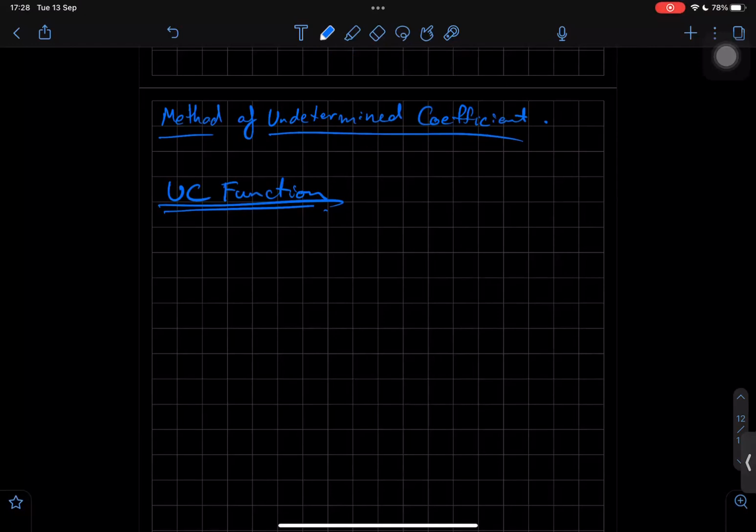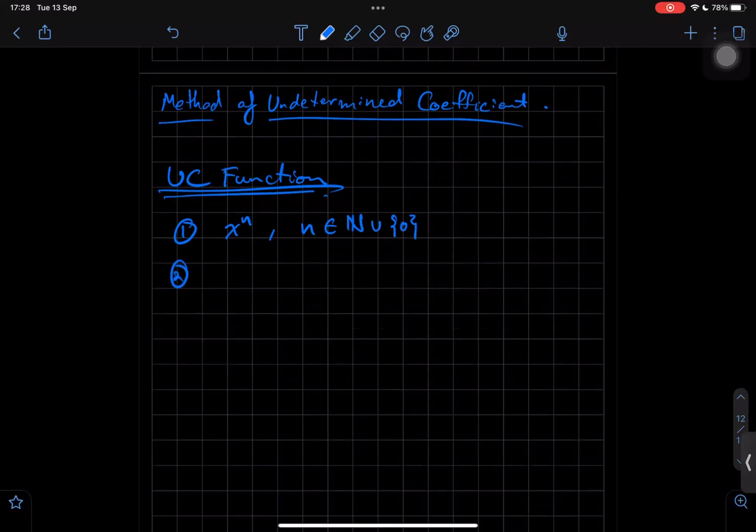The UC function has to be in these forms only. One is x to the n, where n is an integer, a natural number, and also 0. So 0, 1, 2, 3, 4, 5, and so on.